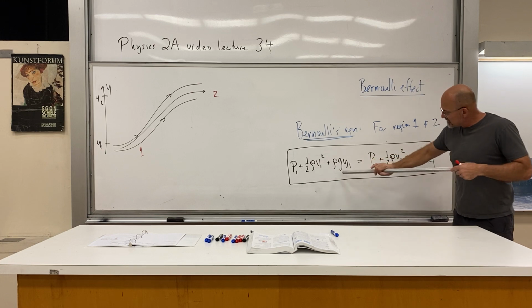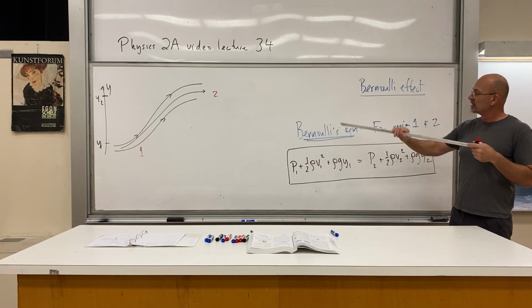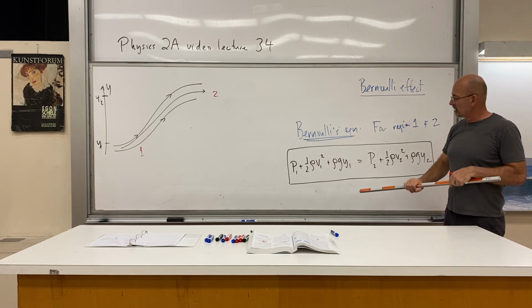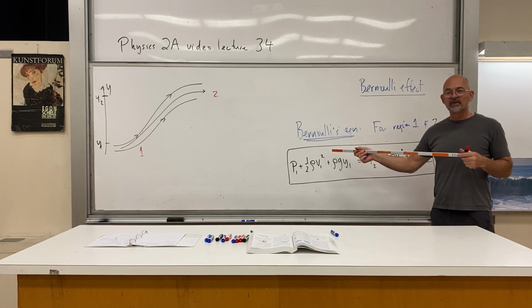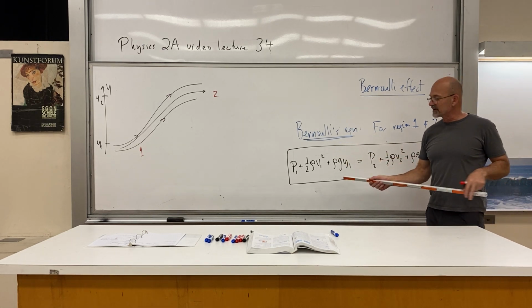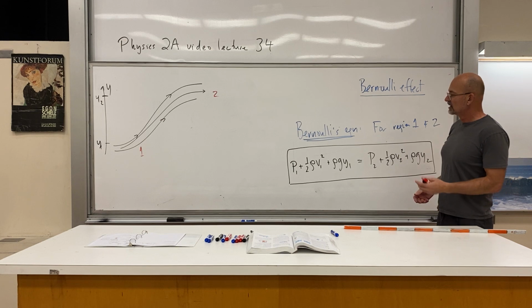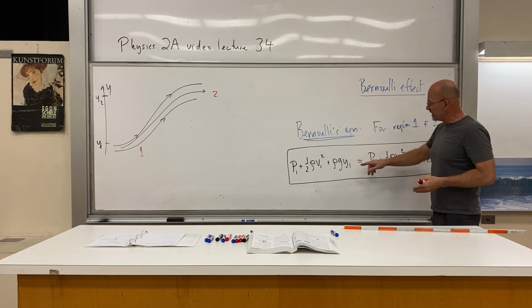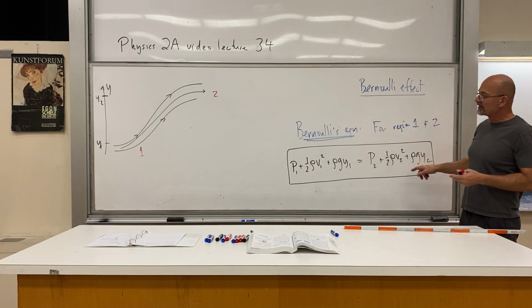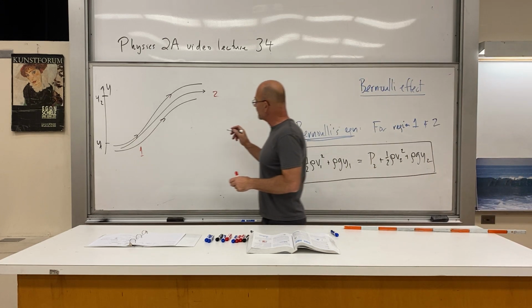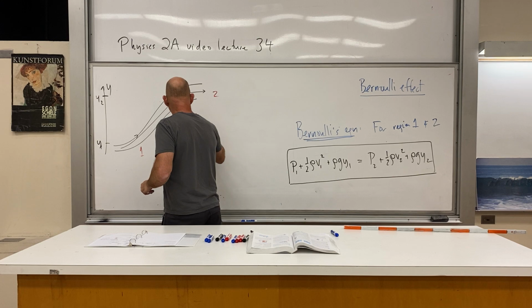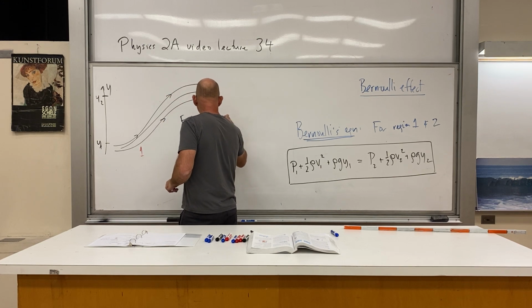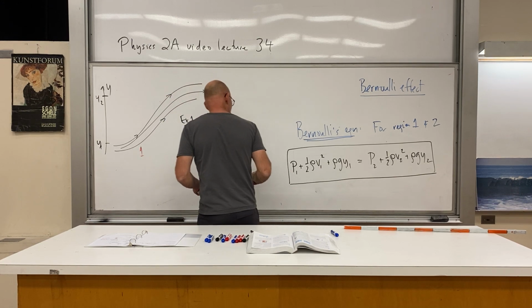So the sum of these quantities is equal between 1 and 2. So when we do a Bernoulli's equation problem, we set it up like an energy problem that we learned in the past. So the simplest example of Bernoulli's equation is going to be when y1 equals y2. So let's do that as our first example.